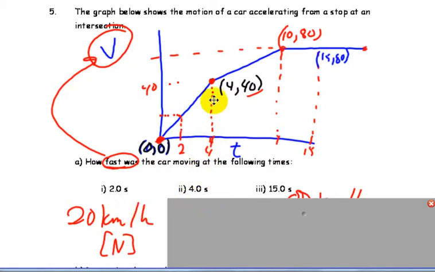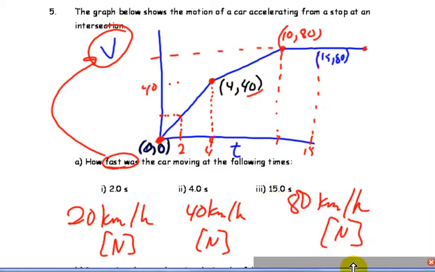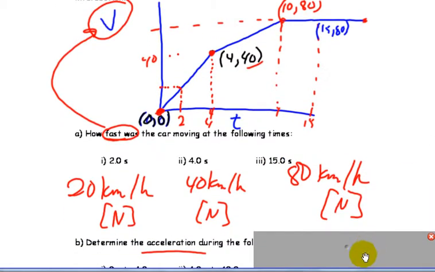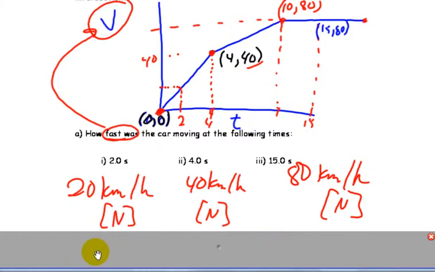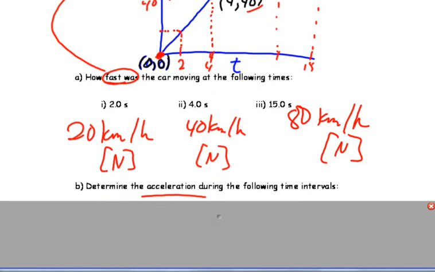At 4 seconds, 40 kilometers per hour north, and at 15 seconds, 80 kilometers per hour north. So that's just simply reading off the graph there. If it's a velocity time graph, finding velocities during certain times, you just read off the graph.